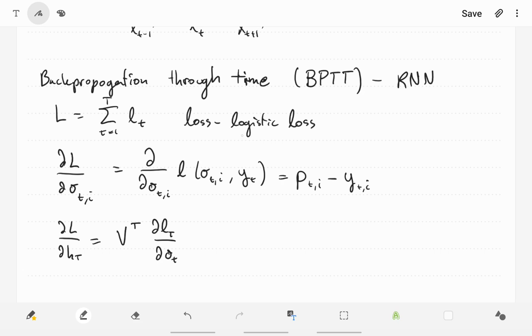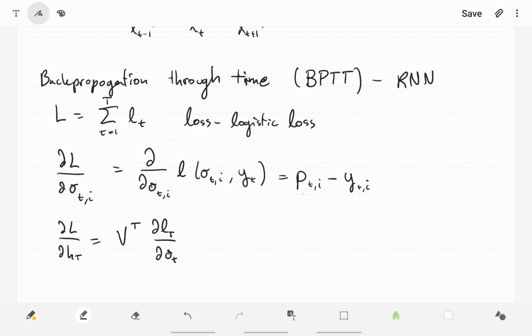Well, if you remember for the logistic loss, which is just our cross entropy loss, if you take the gradient of the loss with respect to the logits, then that ends up just being the predicted probability minus y. So this is something that we learned in logistic regression, and using this fact can make our lives quite a bit easier. Okay, so far so good.